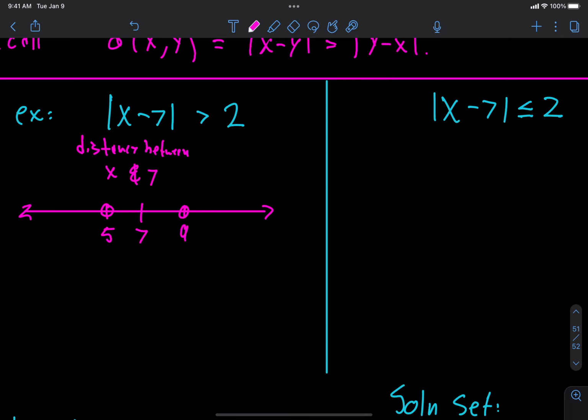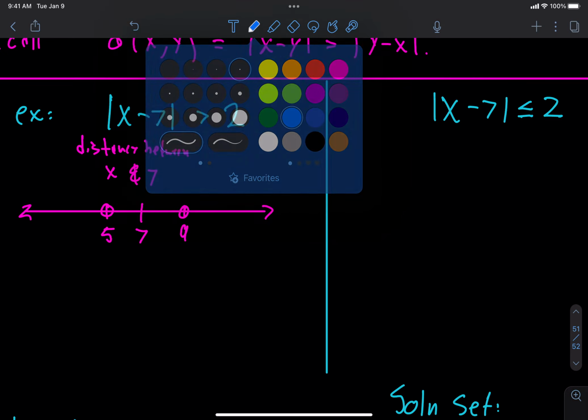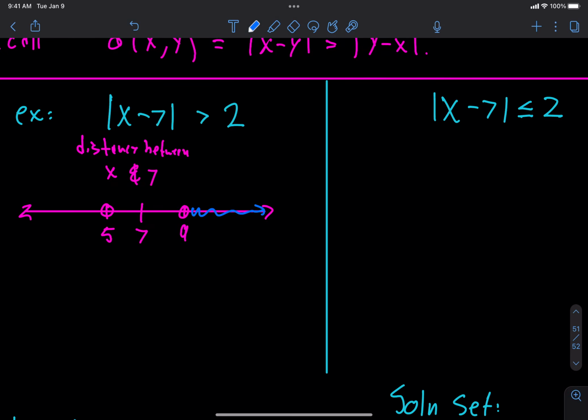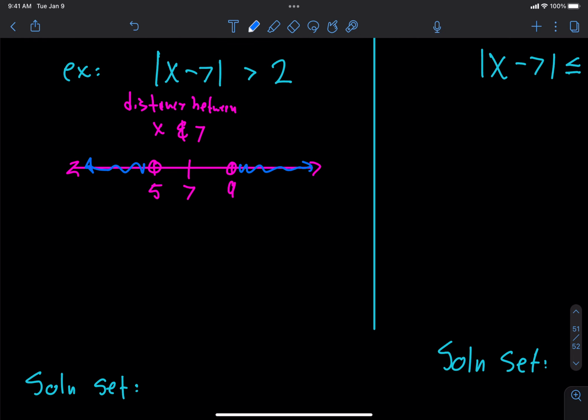We'd put an open dot on both and graph in either direction. Why? Because the distance between x and 7 needs to be larger than 2. Okay, so that's the intuitive understanding of how we're going to do these.